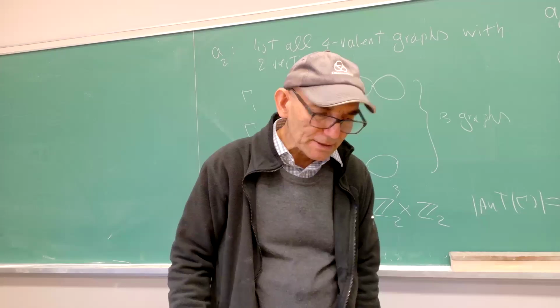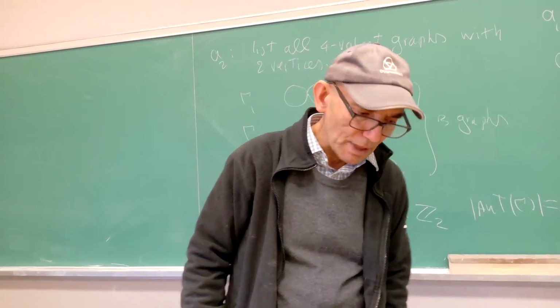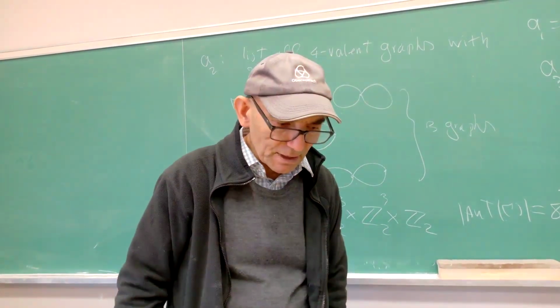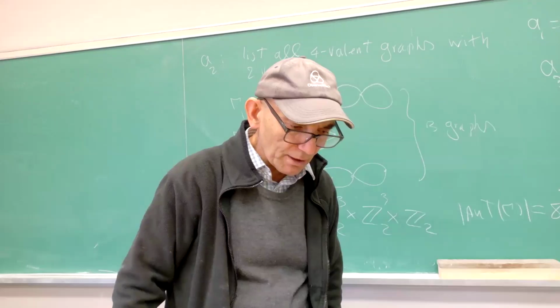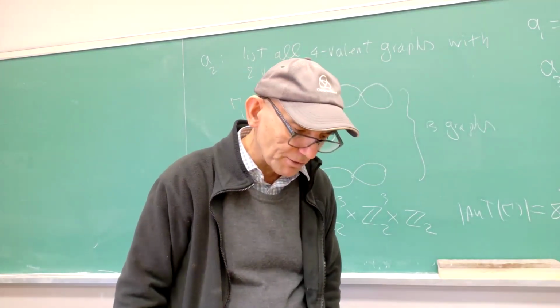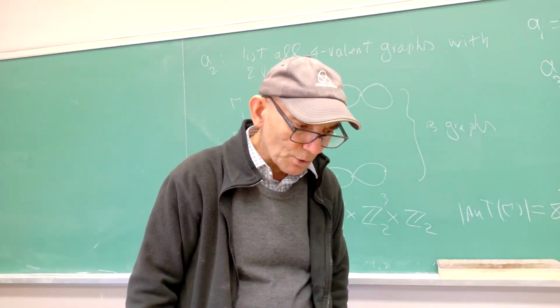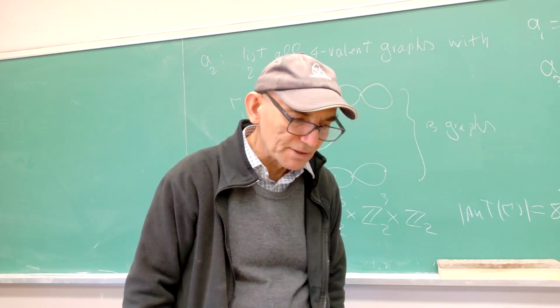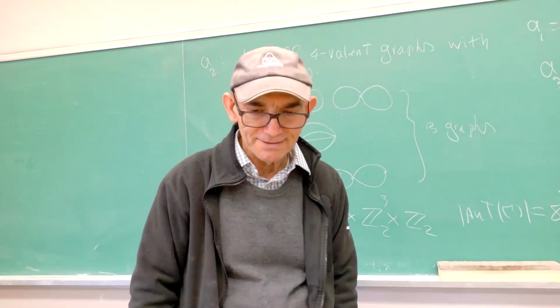Even for trees, we'll come to trees soon. Counting labeled trees is easy. That was done by Khalkhali, and we'll do it also with a different method. But knowing all trees with n vertices, there's no formula for that.